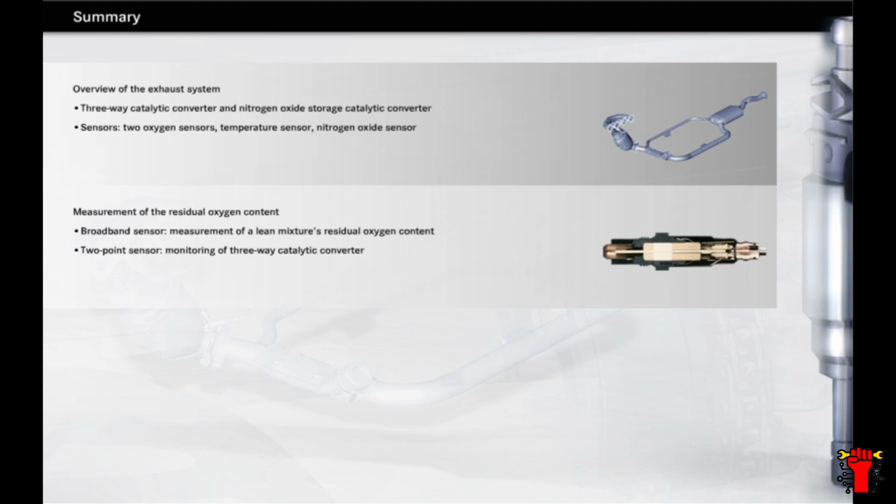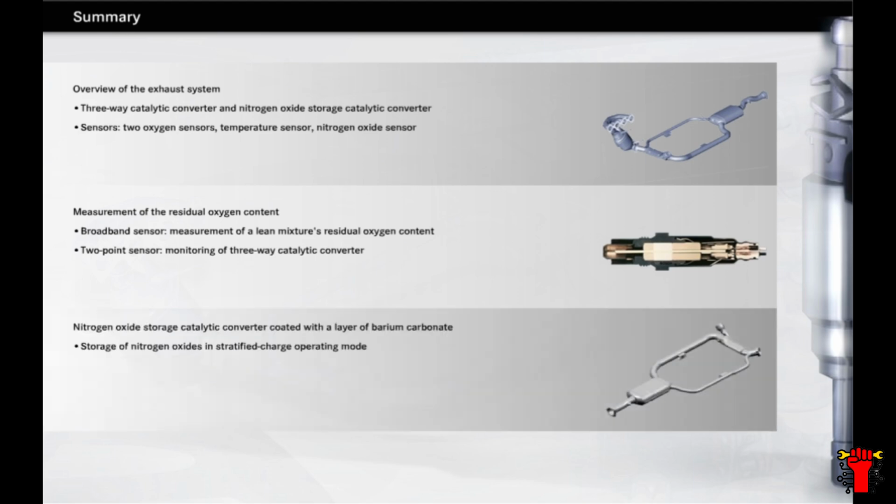The oxygen sensor located downstream from the three-way catalytic converter, on the other hand, is a two-point sensor, also known as a lambda probe. The NOx storage catalytic converter uses a barium carbonate coating to trap the nitrogen oxides which are formed unavoidably during operation in stratified charge mode.